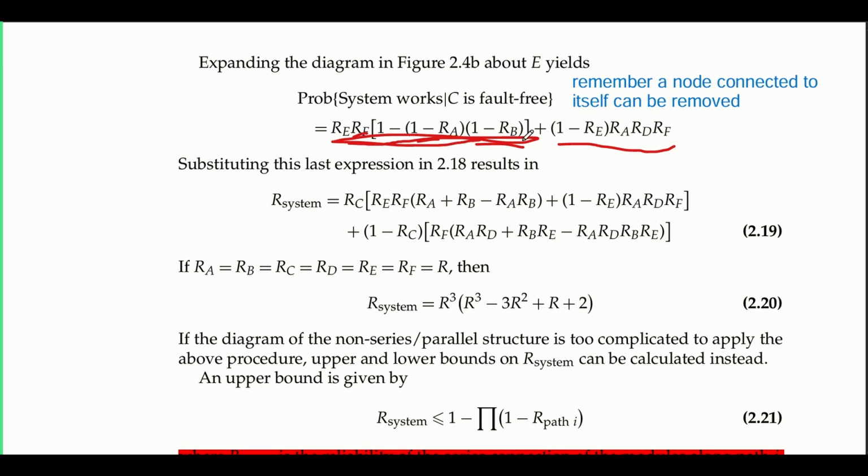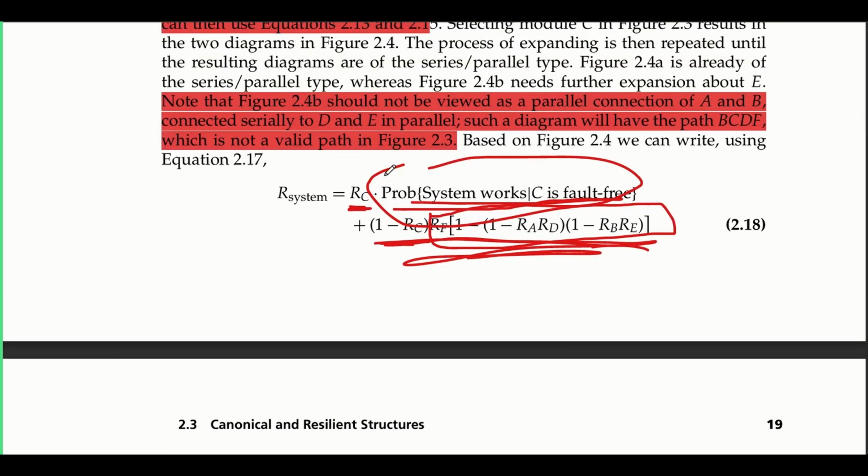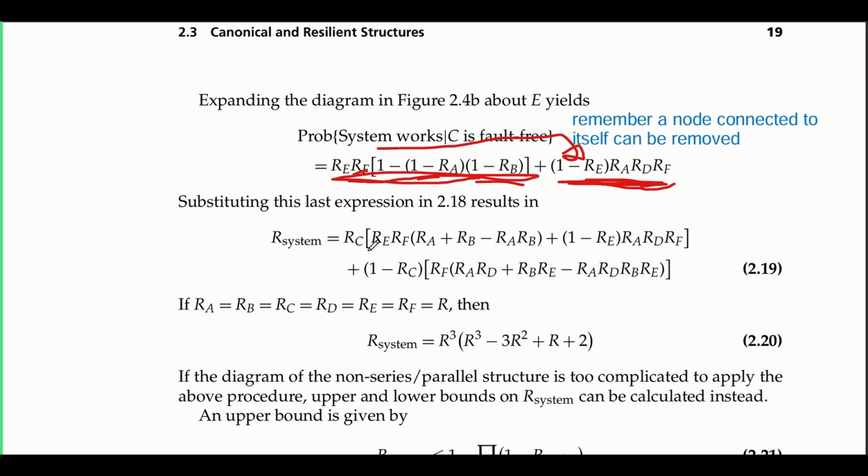Now for E not working, we had this. So these two will become the probability of the system when C is fault-free. Now we come and put them back into the original formula here. And putting it back here, that's what you see here.